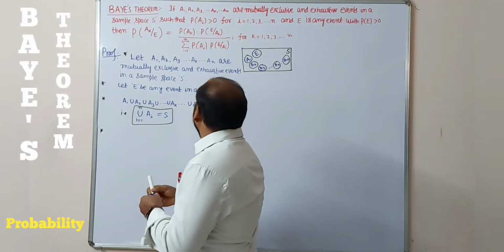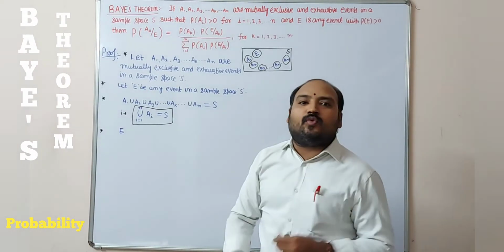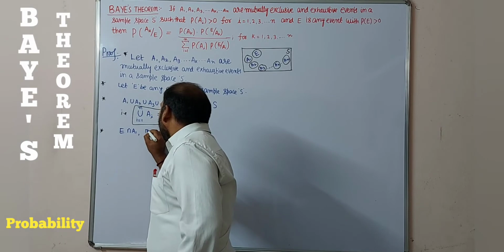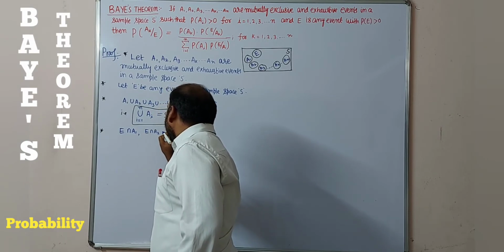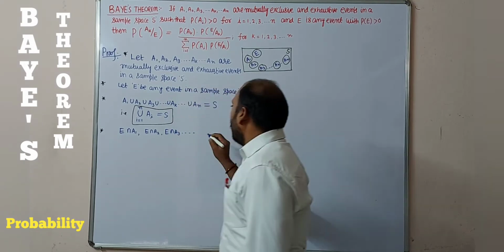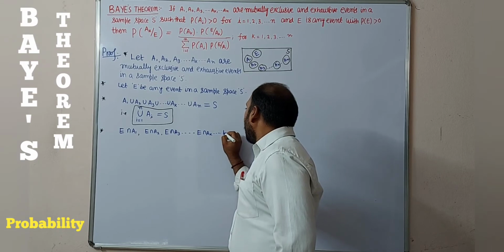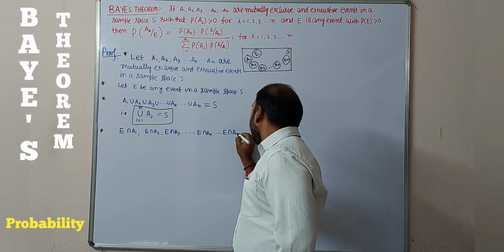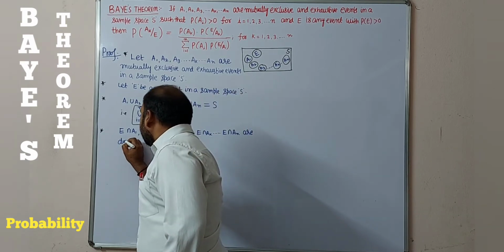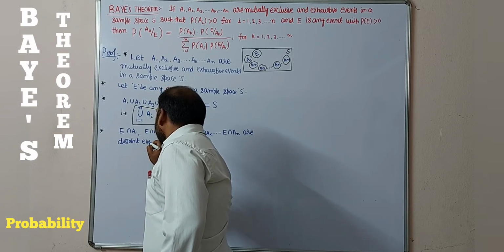That information we need to write. Disjoint means their intersection is equal to phi. E intersection A1, E intersection A2, E intersection A3, and so on, E intersection AK, and so on, E intersection AN are disjoint events.